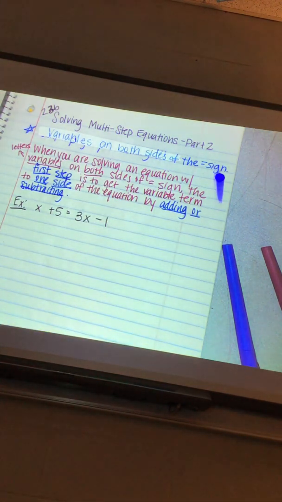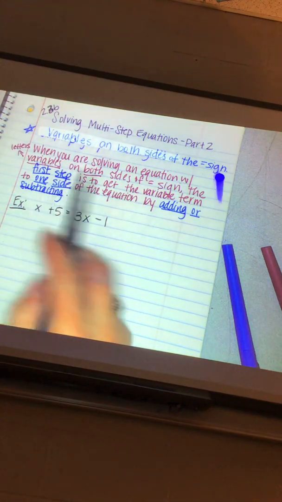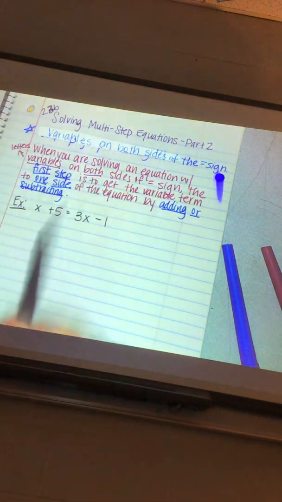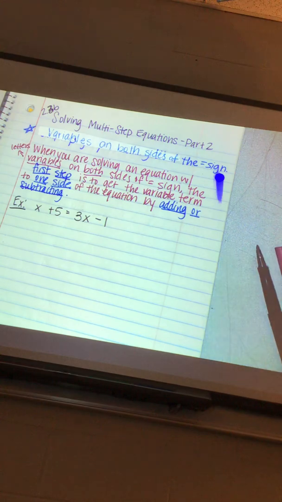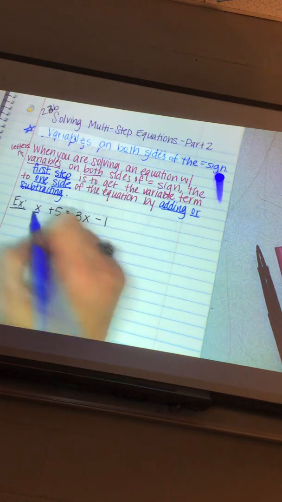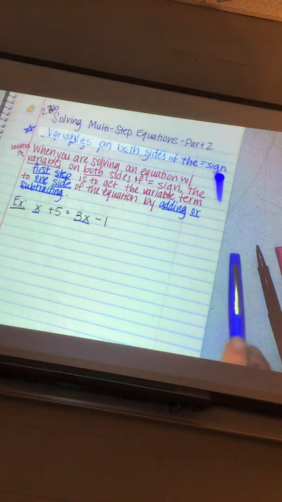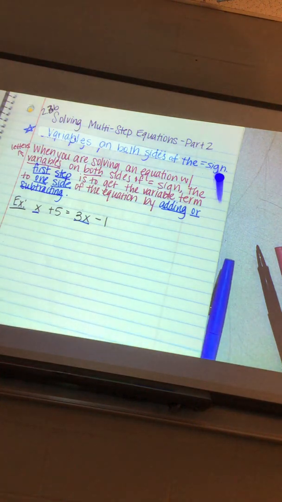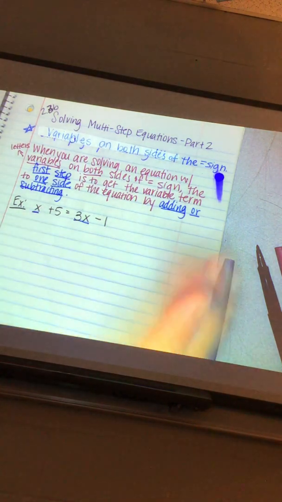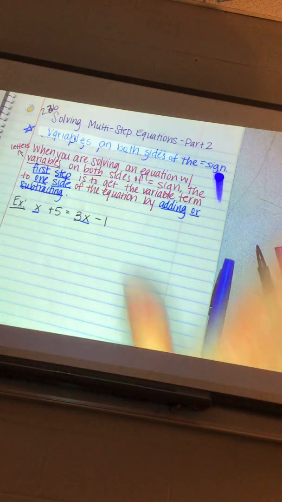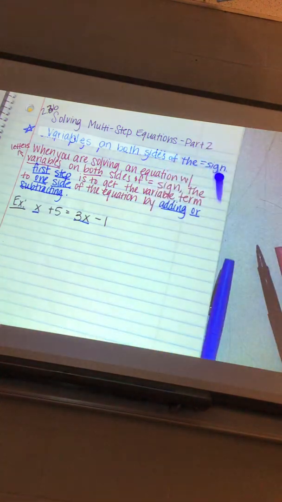Okay, so when you're solving an equation with variables on both sides, we have this x here and this 3x here, so we have x's on both sides. Up until now, we've just had x's on one side of the equal sign and numbers on the other side. Well, now they're mixed up.